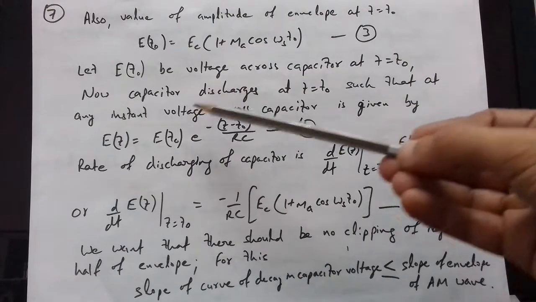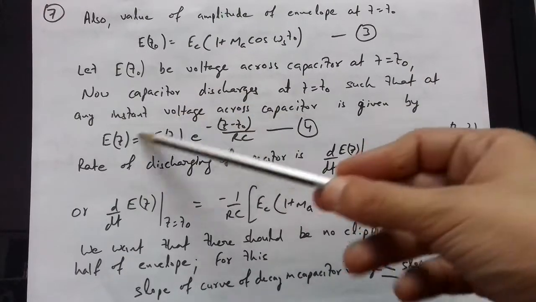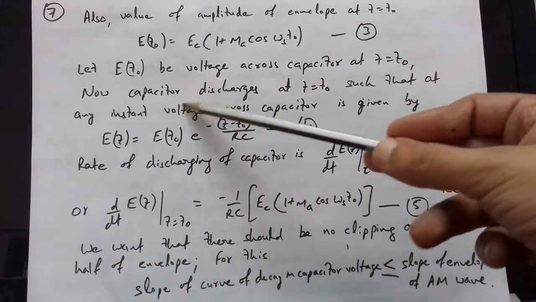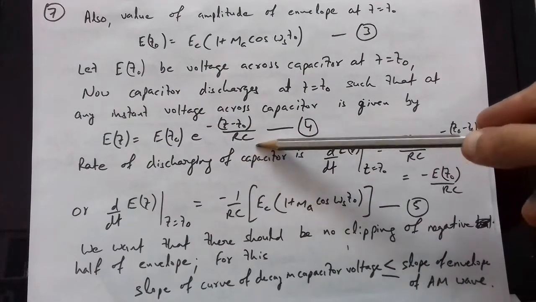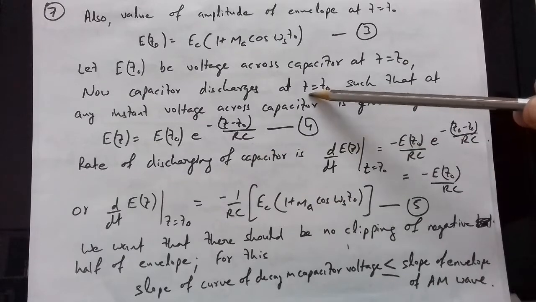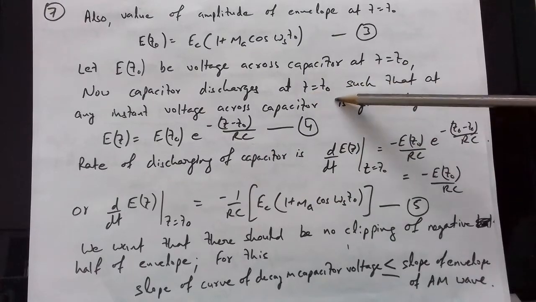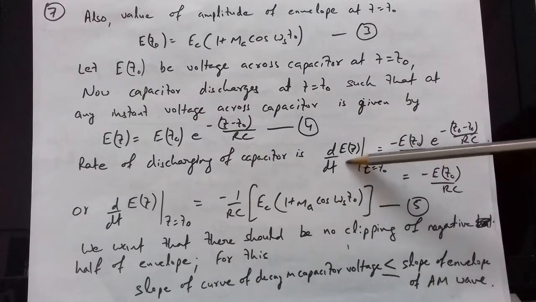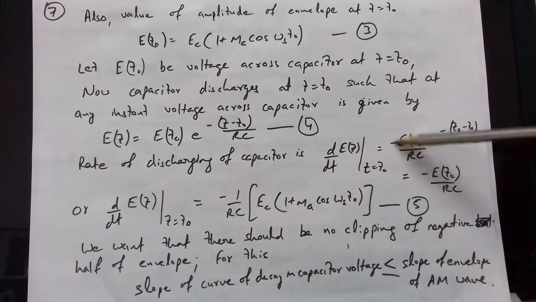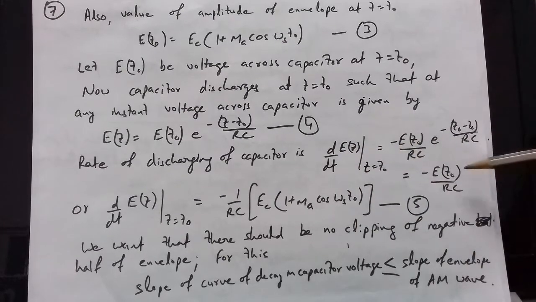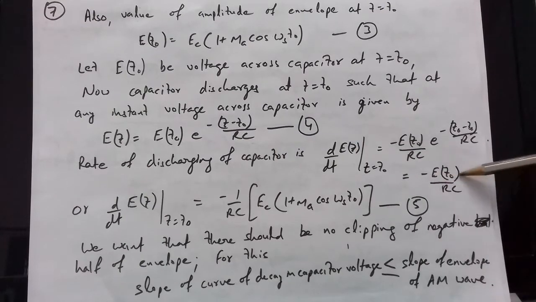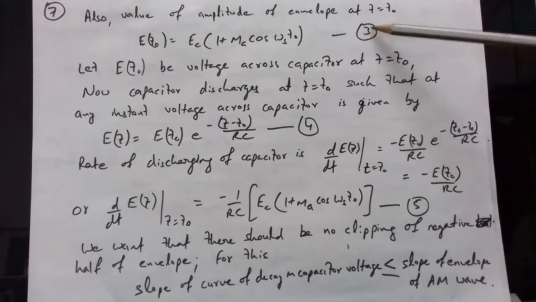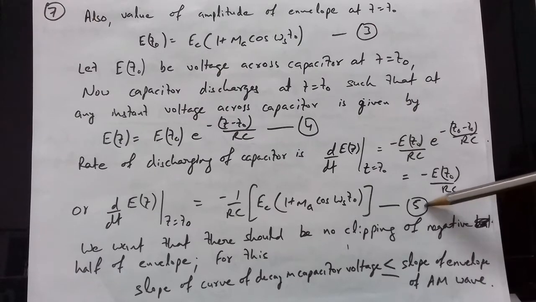Now the rate of discharge of the capacitor is given by this expression. This we have also done in the +2 class, that is the voltage across the capacitor. At t equal to t naught, the rate of discharge you can find by the first derivative, and it comes out like this. If you put the value of E at t naught from equation 3, we will get equation 5.